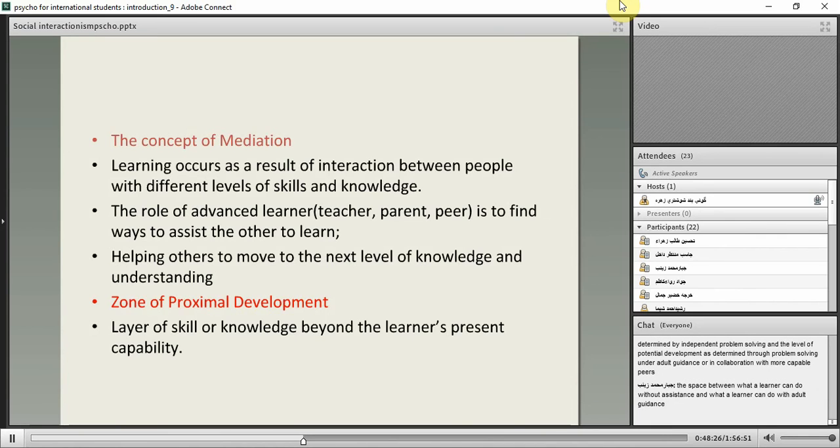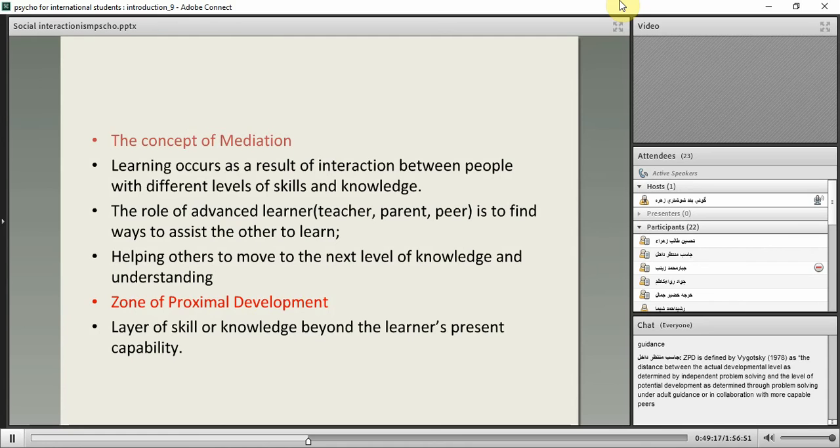Let me give you a more classical definition of the zone of proximal development. Zainab Jabbar Muhammad also texted the space between what a learner can do without assistance and what a learner can do with adult guidance. You are right. But a more classical definition of the zone of proximal development is this: the distance between the child's actual developmental level as determined by independent problem solving, that is the distance between the ability to solve the problem and the level of potential development.